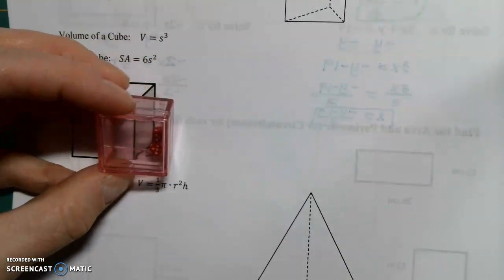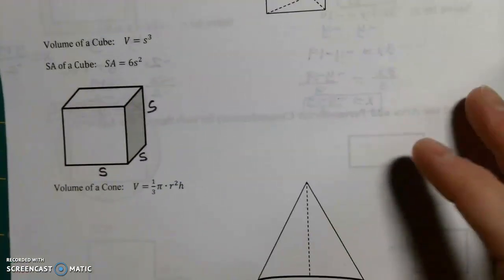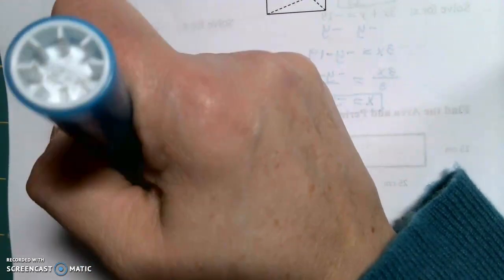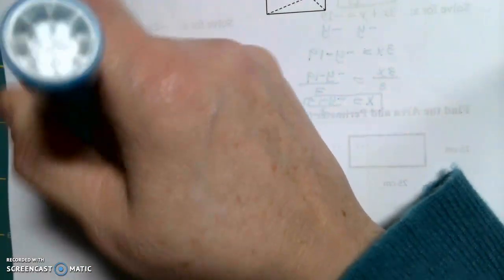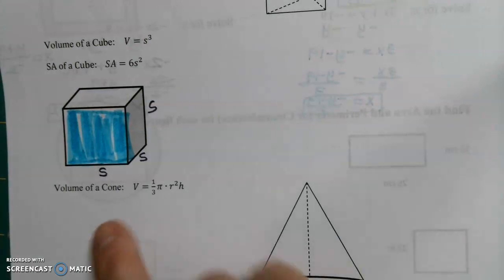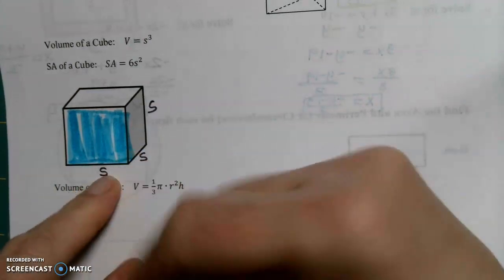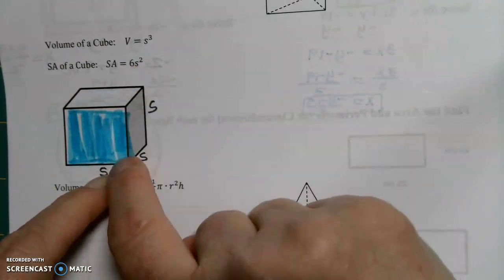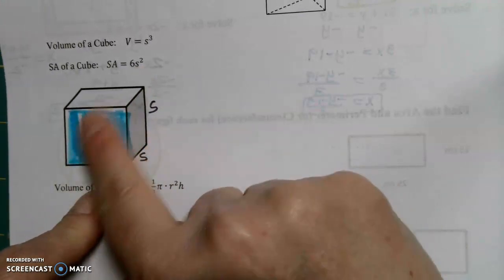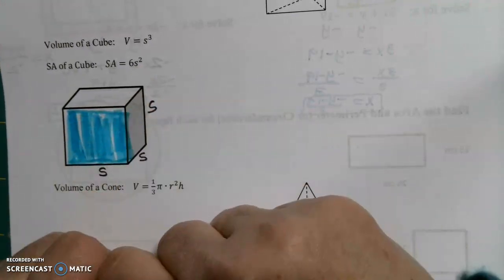So for a cube, each of these faces is going to have the same area. And since that's the case, we can just say, well, there's 6 of them. So I can just multiply the area of this, which is S times S, by 6.